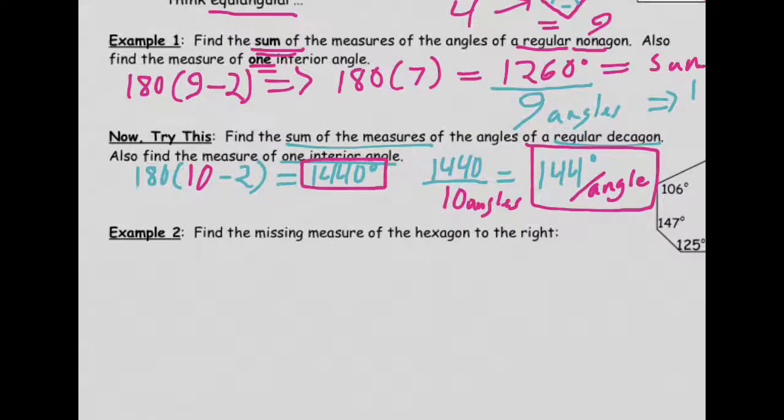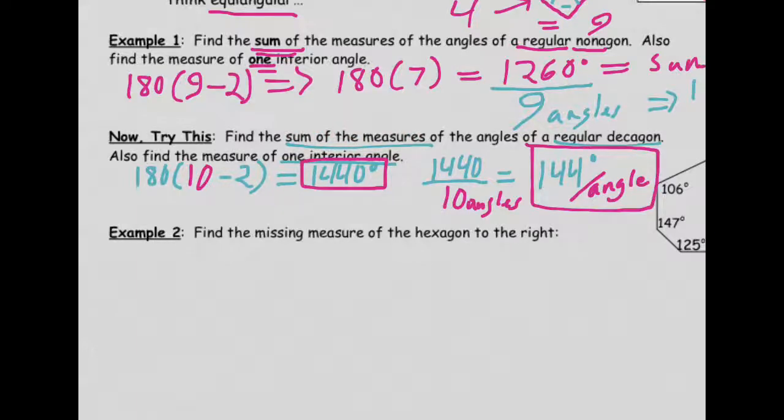Okay, let's take a look. So we started with 180 times n minus 2, and since we're dealing with a decagon, we're talking about 10 sides. Deca means 10. So we got 8 times 180, and that turned out to be 1,440. And so that's the sum of the measures of all the angles.